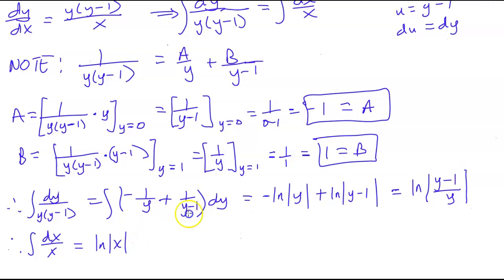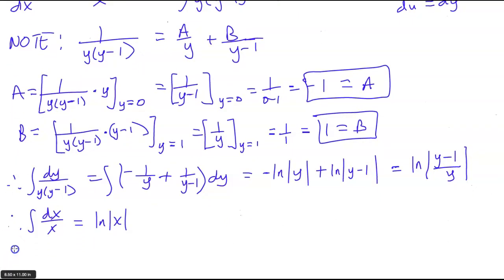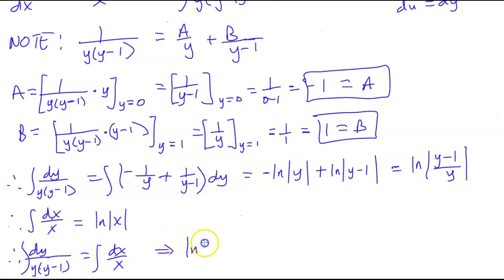And again, I'm purposely leaving off the integration constants here, so that now when I put this all together, this ends up being natural log of absolute value of y minus 1 over y equals natural log of absolute value of x plus some constant here.